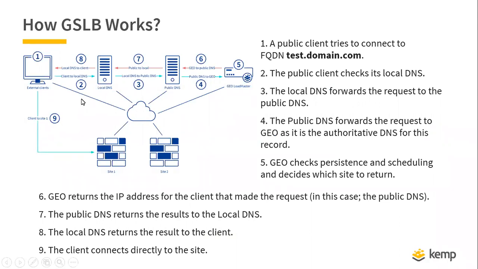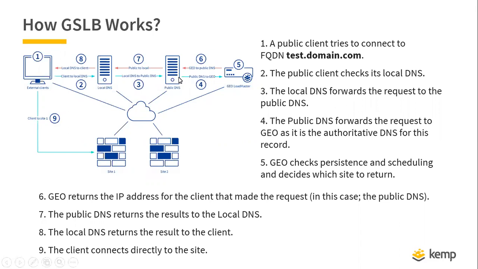First, when the user tries to access, for example, test.domain.com, the request goes to their own local DNS. They will check with the local DNS whether it has this FQDN or not. If it doesn't, the local DNS will forward to the public DNS.